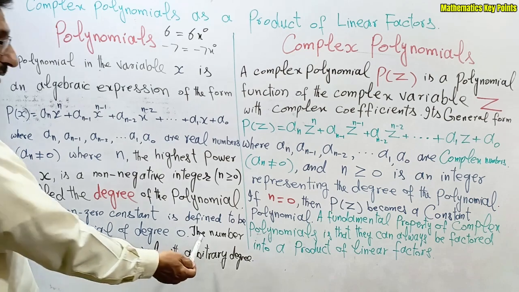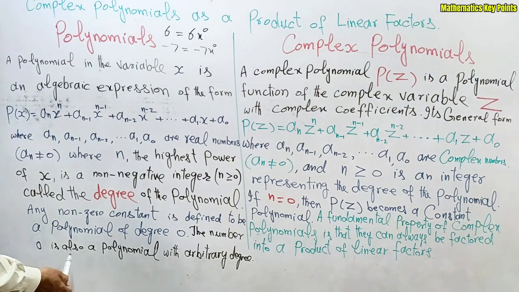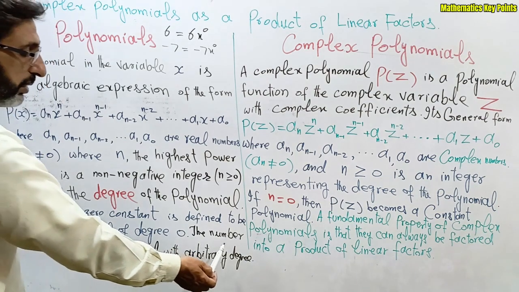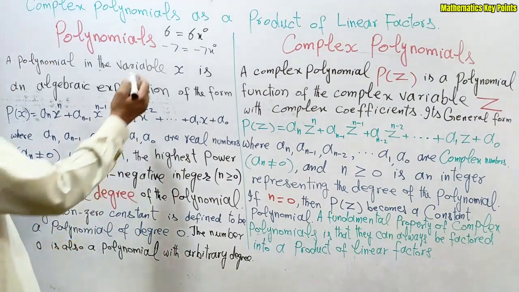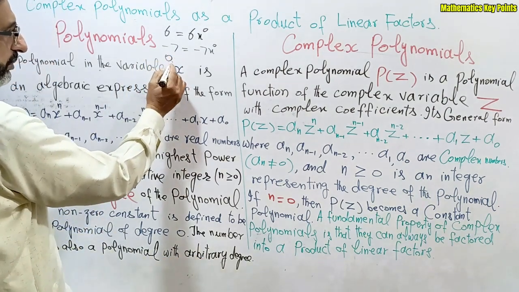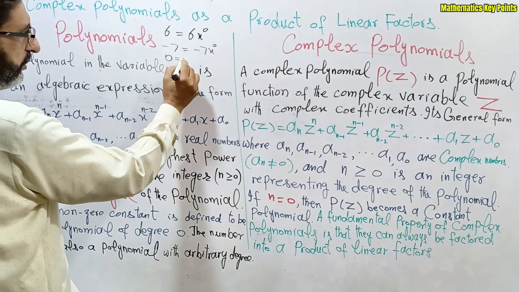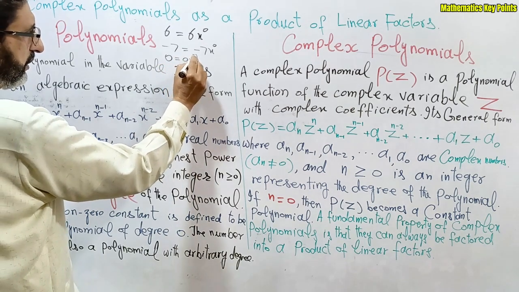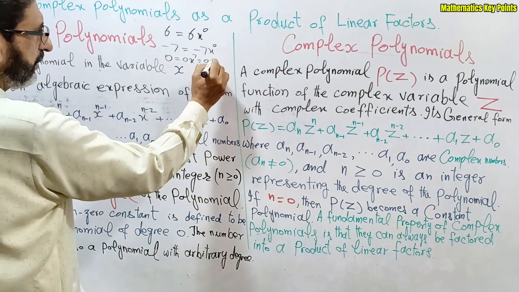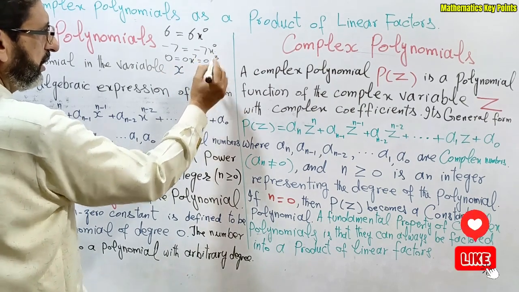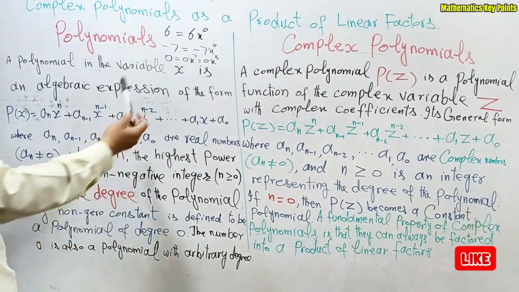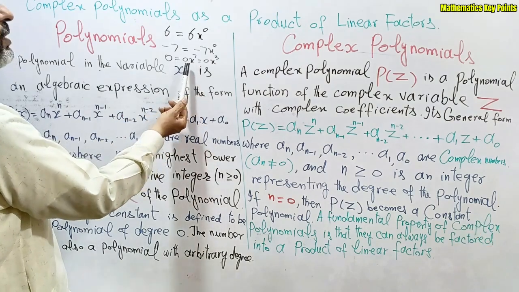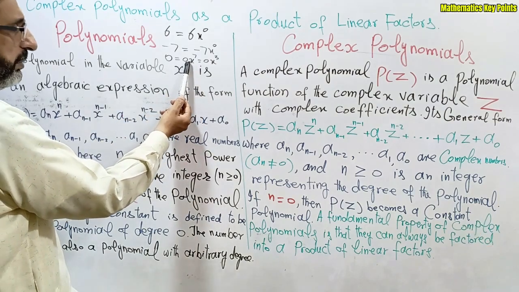The last, the number 0 is also a polynomial with arbitrary degree. 0 itself is a polynomial and we can write 0 as 0 x power 7, 0 x power 3. We can assign any power to x with 0, it will be 0.